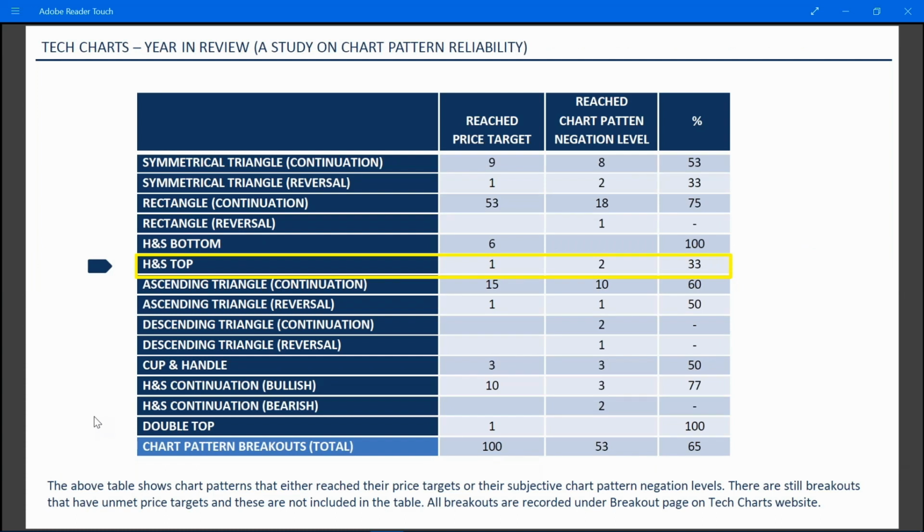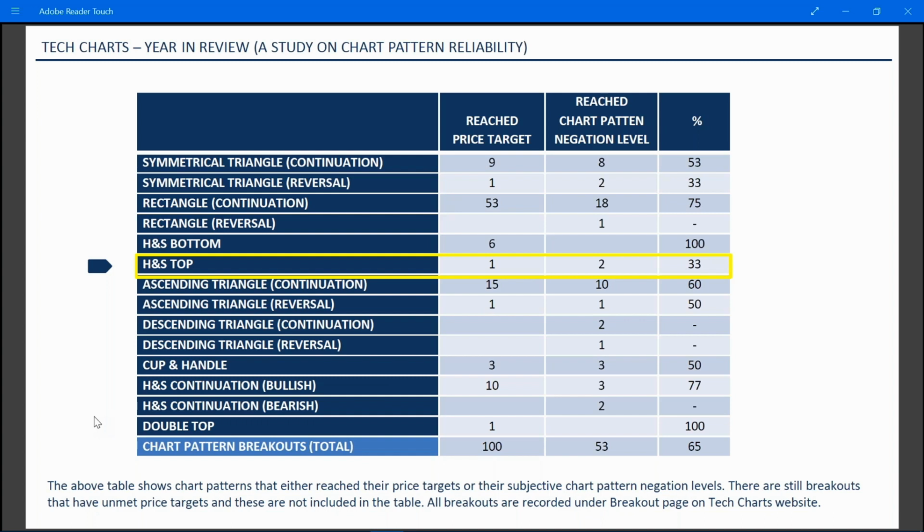Some broke out, some didn't. Some morphed into something else, and then later on broke out. So with the sample size that we have, the chart pattern breakouts, again, as I have mentioned, I might have missed several other chart pattern breakouts. This is just the sample size that I have collected over the past year.